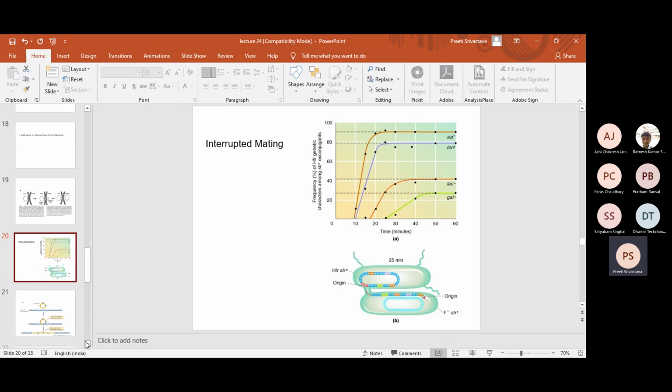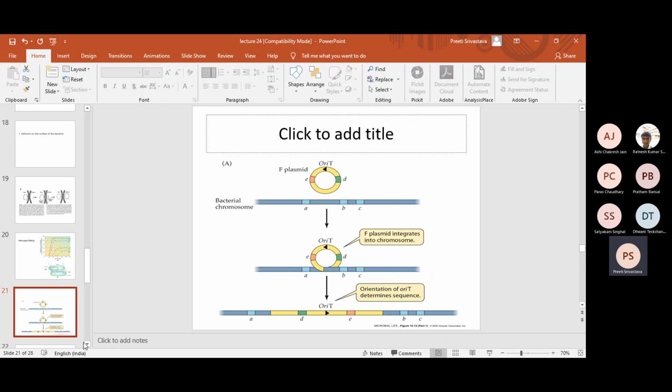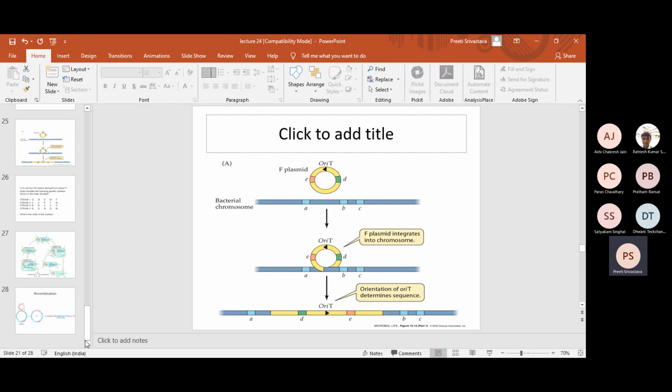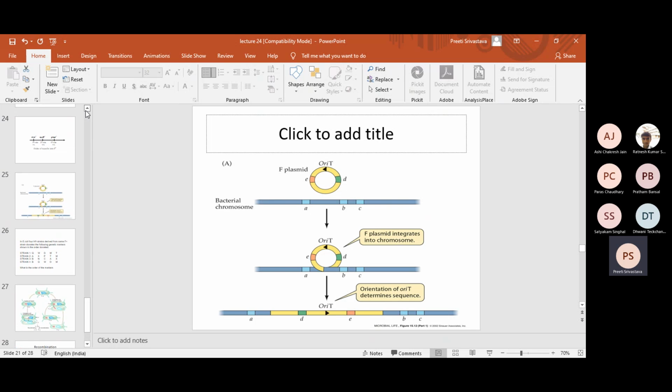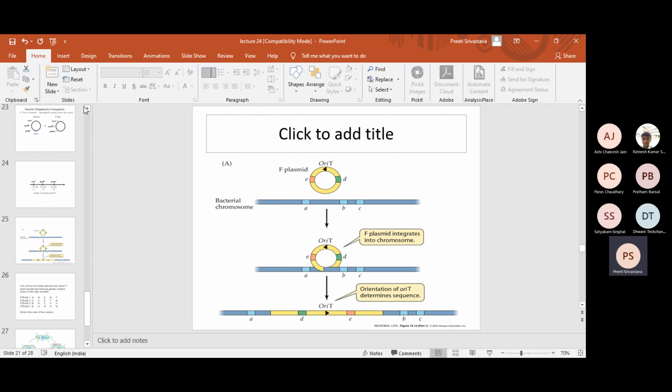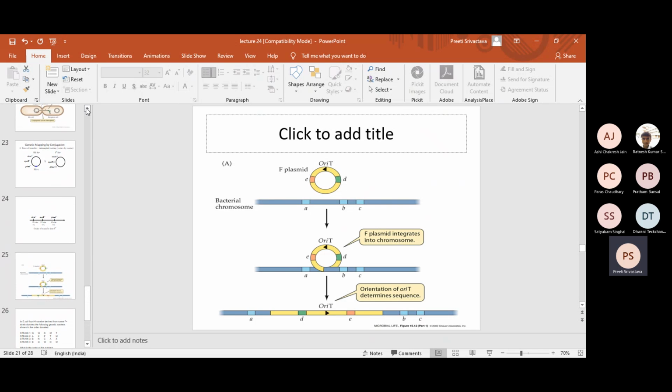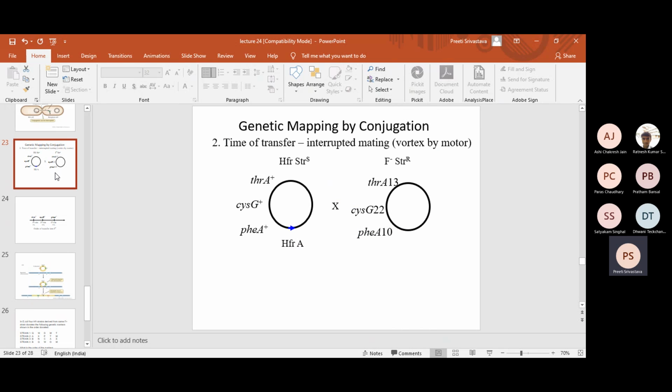You're getting my point or no? Maybe I'll come back to the mechanism of transfer in a second, but before that, let's see from this figure how exactly the transfer takes place.